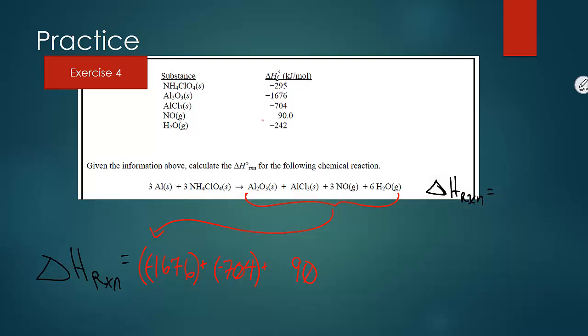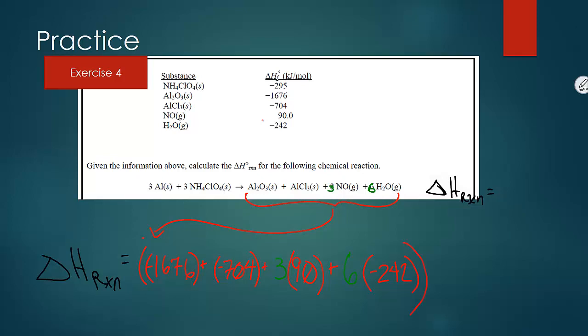But there are 3 nitric oxides, so that heat of formation needs to be multiplied by 3 to be used correctly. For water, water's heat of formation is a negative 242 kilojoules for each mole, and again, stoichiometrically, there are 6 waters in this reaction.